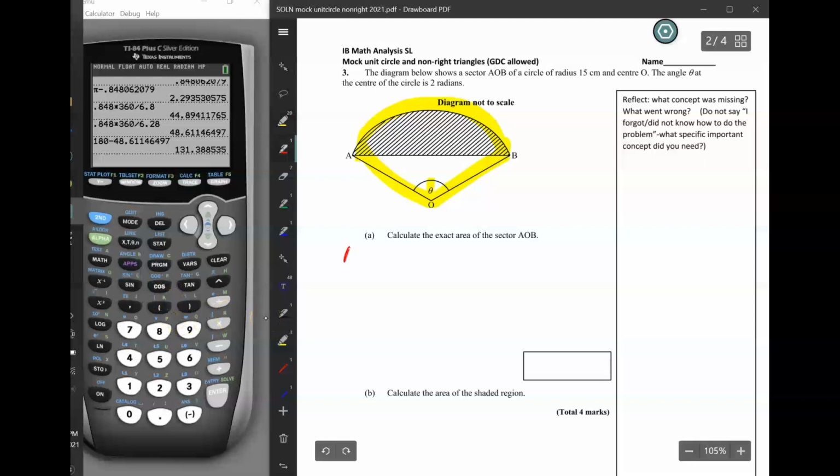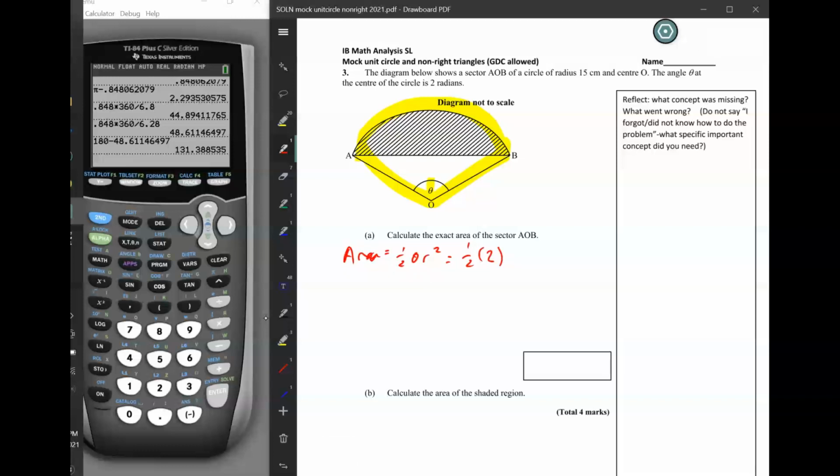So remember that the sector formula is area equals 1/2 theta r squared, which is equal to 1/2, and the theta in this case is 2 radians. And remember, this formula is made for radians, so you must have a radian input, and they gave us that the radians is 2, so we just put 2 in there.